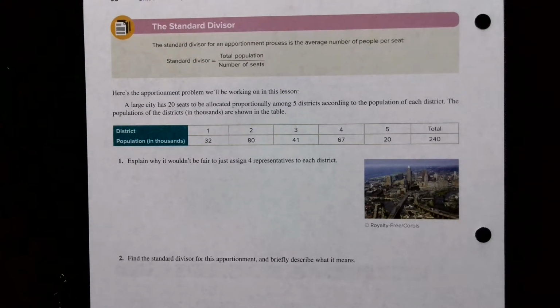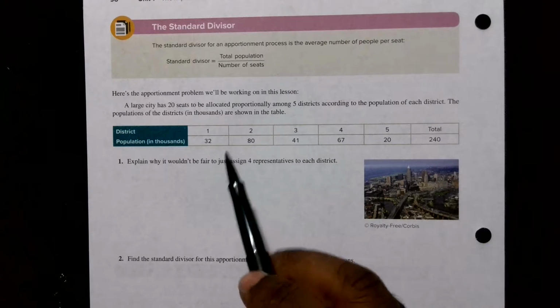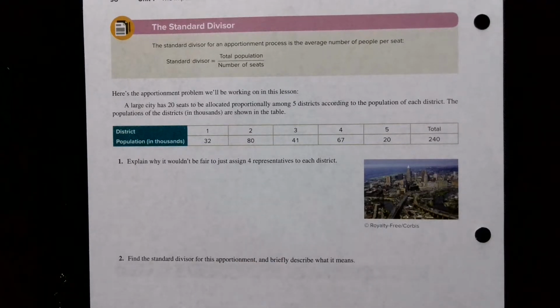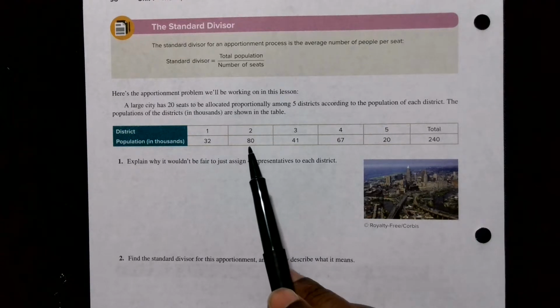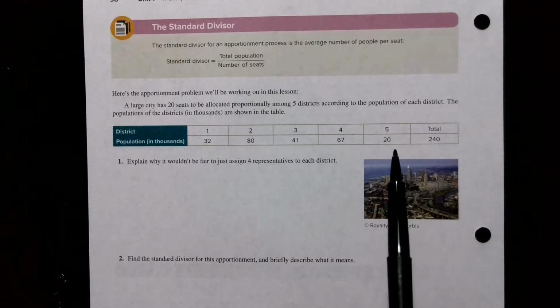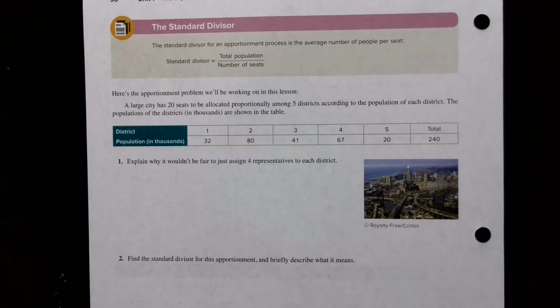Now, number 1, it says explain why it wouldn't be fair to just assign 4 representatives to each district. If you notice here, all of their populations are different. So I'm pretty sure a district with a population of 80,000 would not feel right having the same representation as a district that only has a population of 20,000.